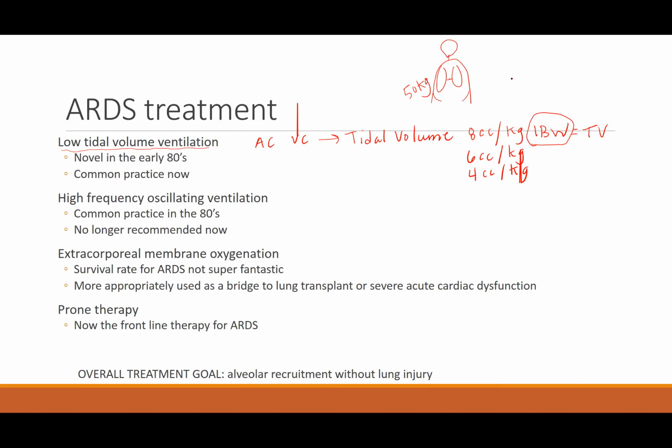I have a person here who's 50 kilos, and now all of a sudden that same person gains another 50 kilos. Okay, so they've just doubled their body weight. Now they're 100 kilos. So what we have here making up this space, a lot more adipose tissue, a lot of extra stuff going on. But something that hasn't changed is the size of their lungs. Okay, so it is really important to use ideal body weight when we make this calculation.